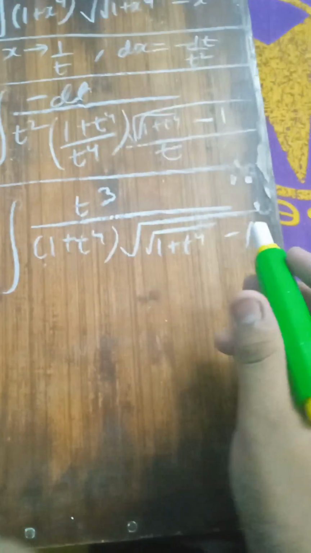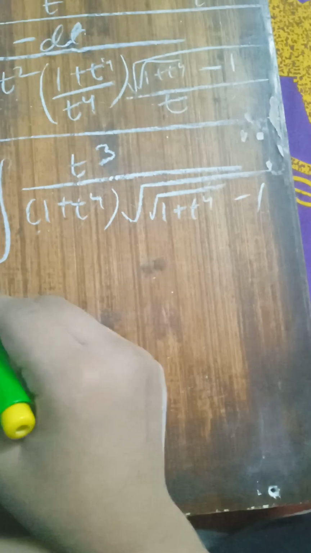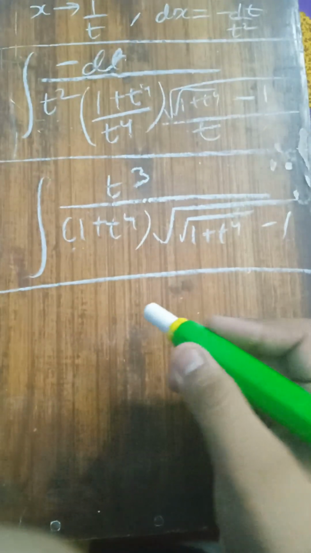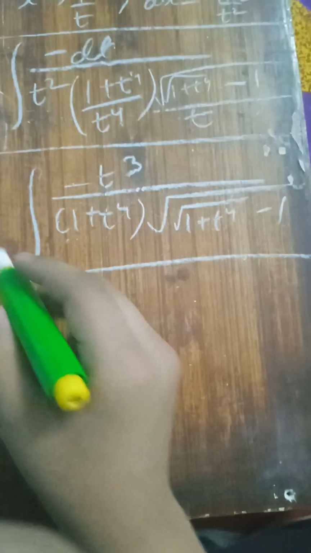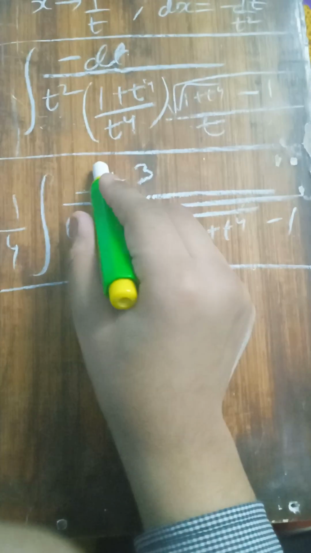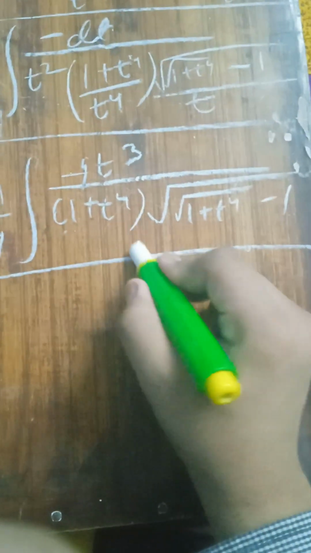I'm still pretty doubtful about this one, but no problem. Okay, so now it's a very obvious step: put 1 by t^4 as k.